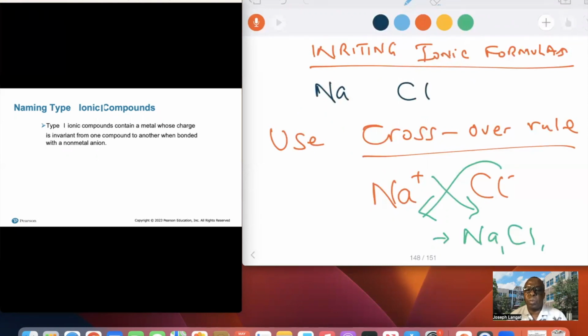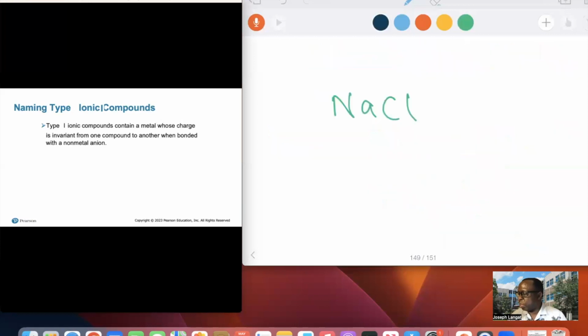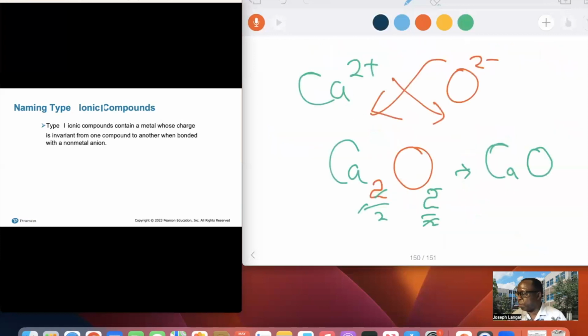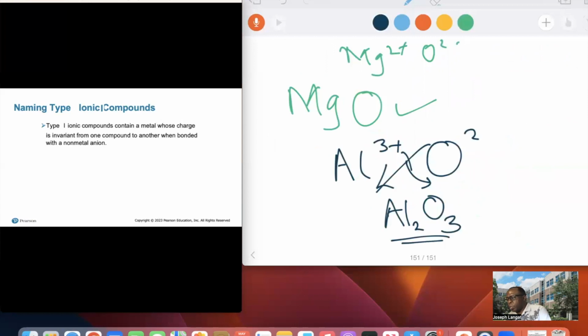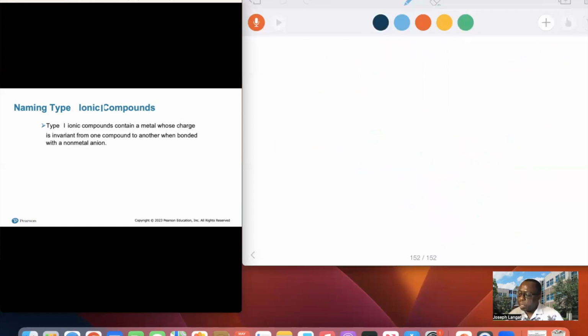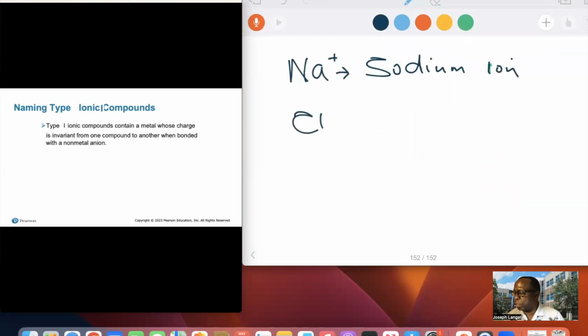So once you write that, you need to learn how to name the ionic compound. How do we name that? This is called sodium ion, and this is Cl.